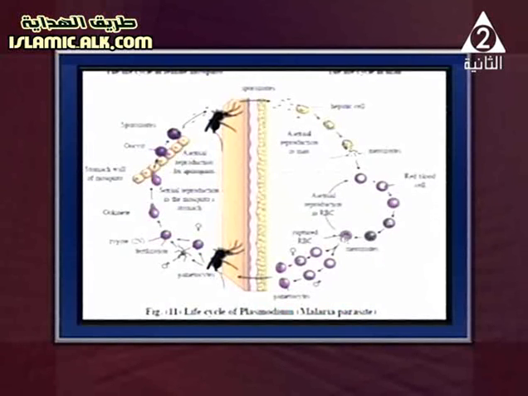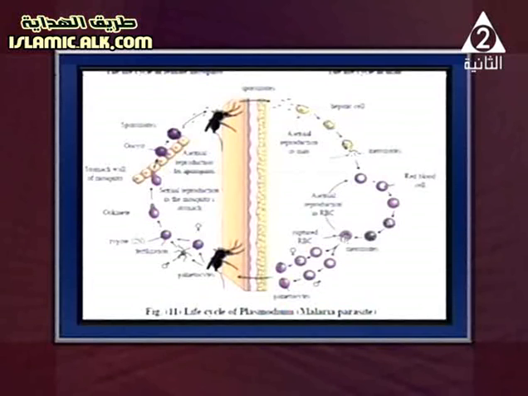And we have here the Anopheles mosquito, when it absorbs an amount of blood from the human, and the sporozoites transfer to the human liver and infect some liver cells, and also red blood cells.